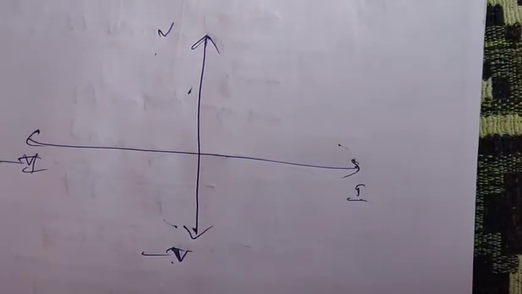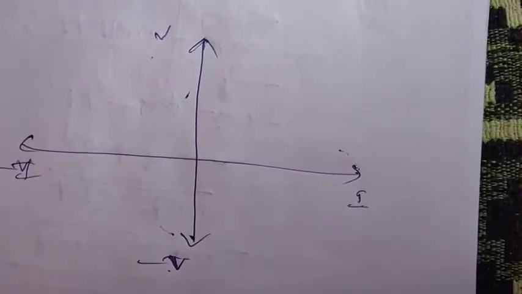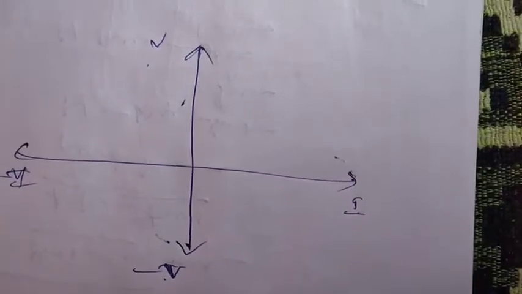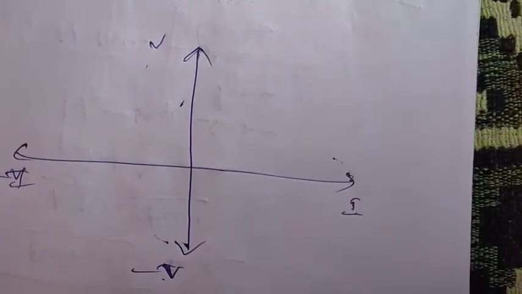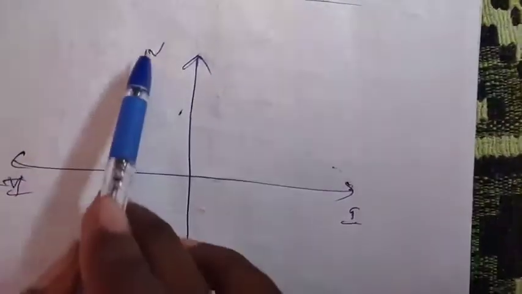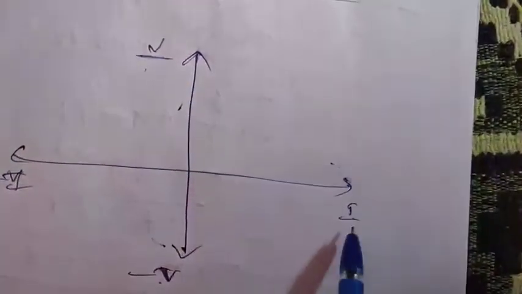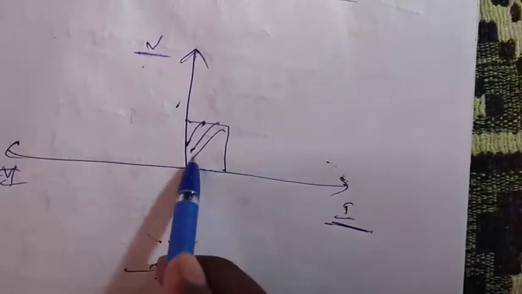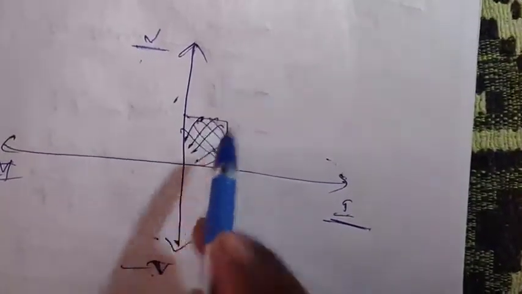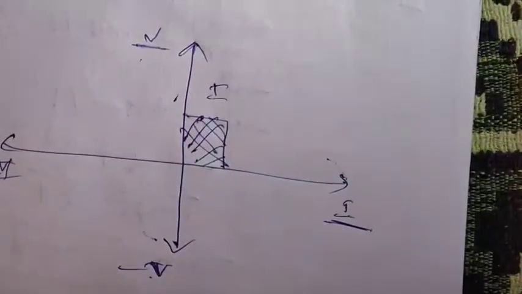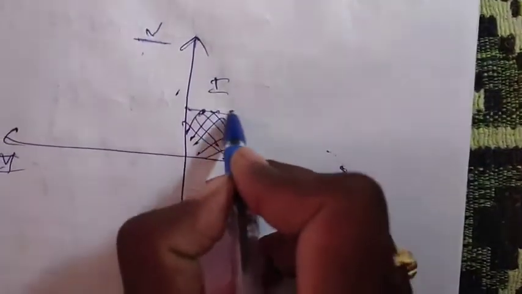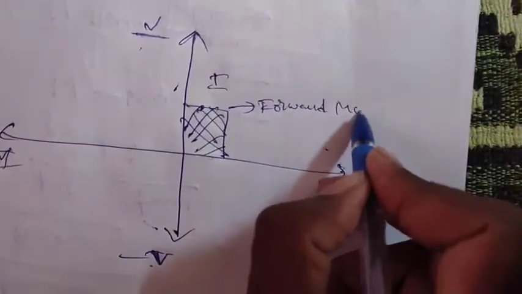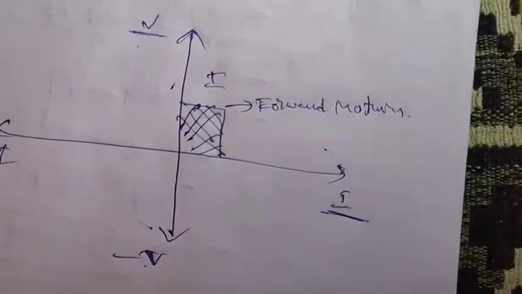Whatever the converter or motor may be, separate motor or series motor, if you get a positive voltage versus positive current, this is the first quadrant operation. This is forward motoring action.